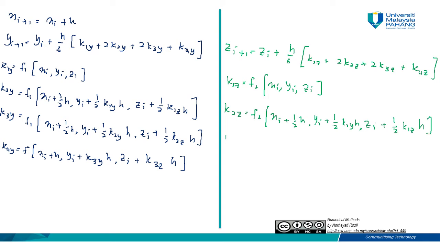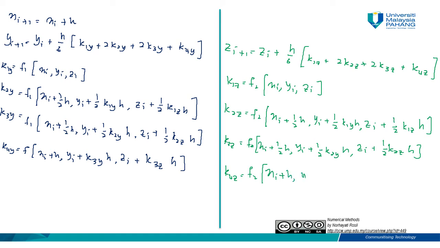And then k3z is equal to F2(x_i + h/2, y_i + k2y h/2, z_i + k2z h/2). And for the last one, k4z is equal to F2(x_i + h, y_i + k3y h, z_i + k3z h). So this is the formula for system using RK4.